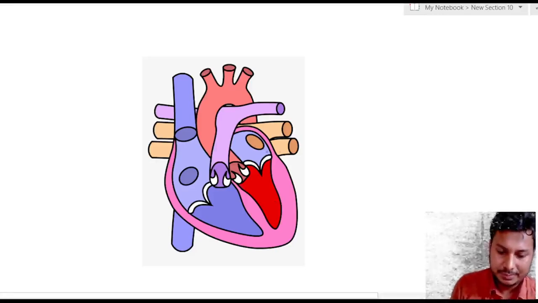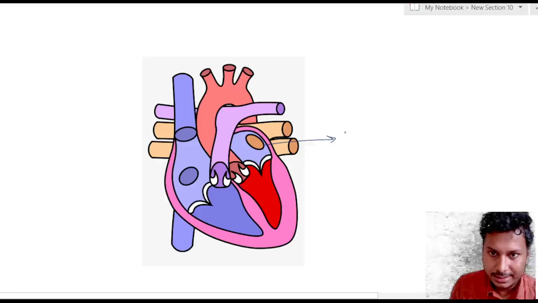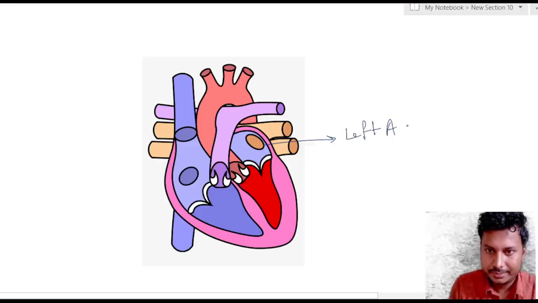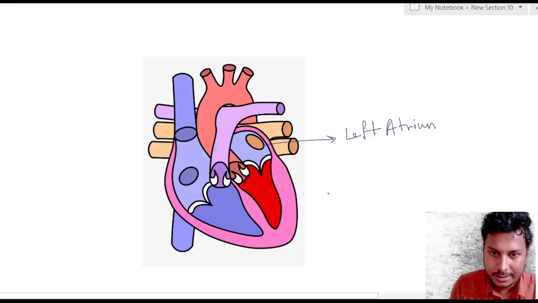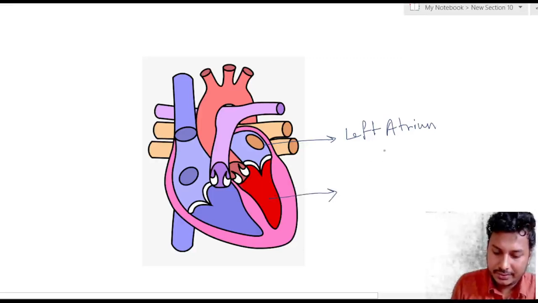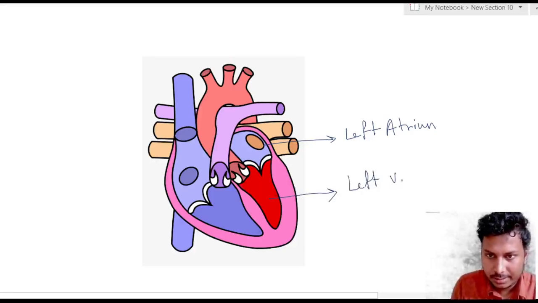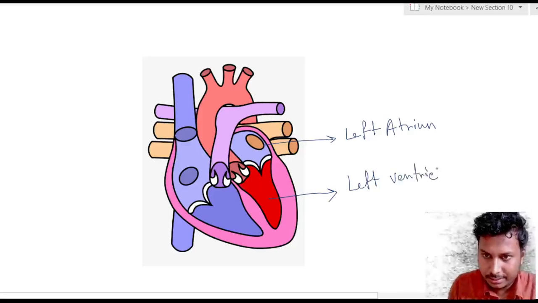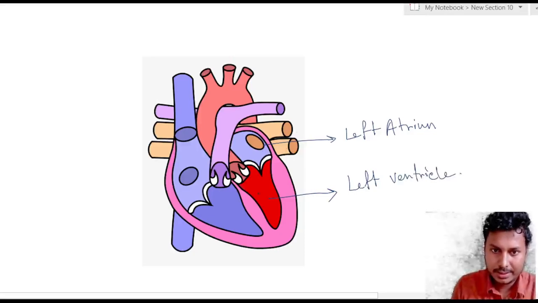So here is our heart. Here is the left atrium, and the left ventricle.